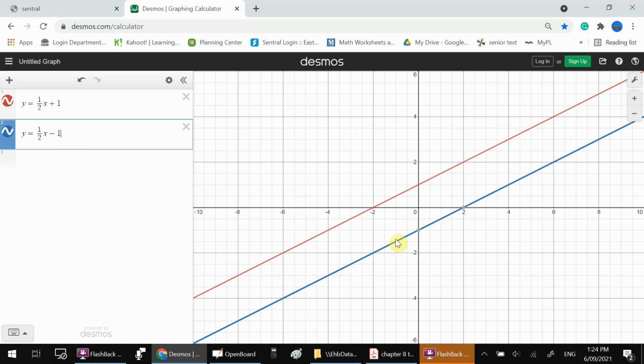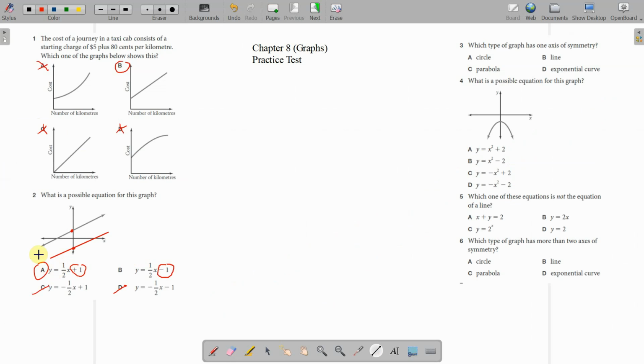There it is. The blue line, they're parallel, but this one, the y-intercept is down here. So that's why it's got to be A for that one, because that one's not right. The red line is that one there, and we're after the grey one, which is up there.